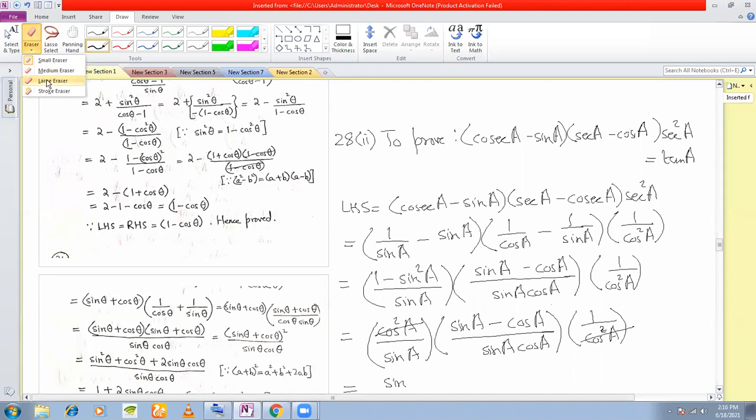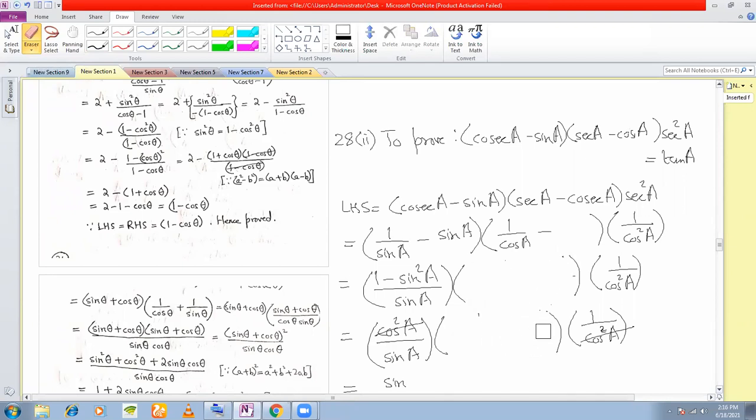So if this is cos, then we keep this as cos. So 1 by cos A minus cos A. This is also cos. Okay, so 1 by cos A minus cos A. Now you take the LCM, cos A, 1 minus cos square A.